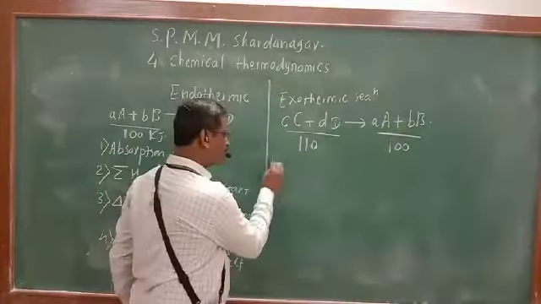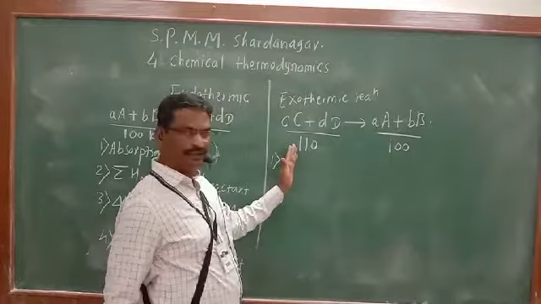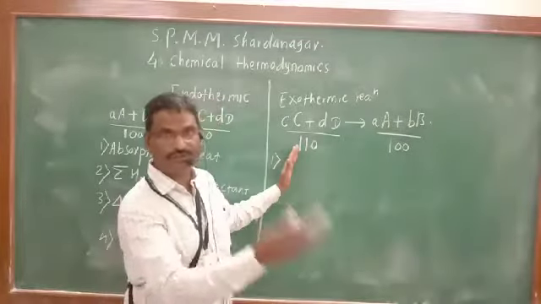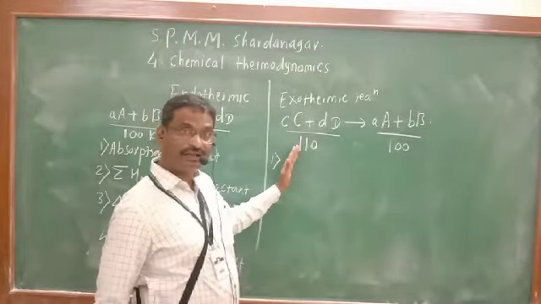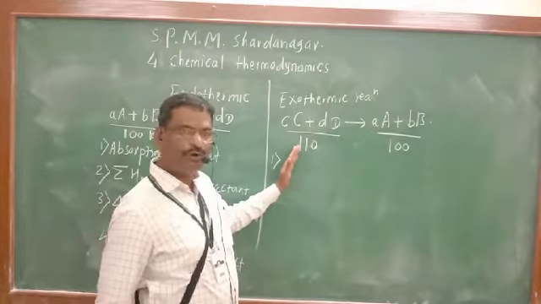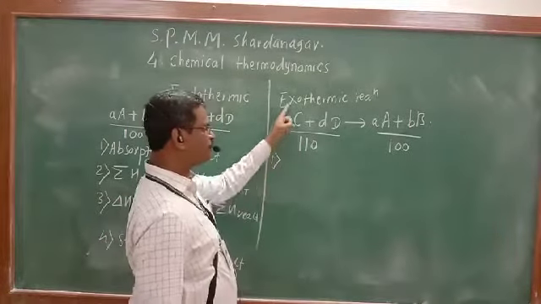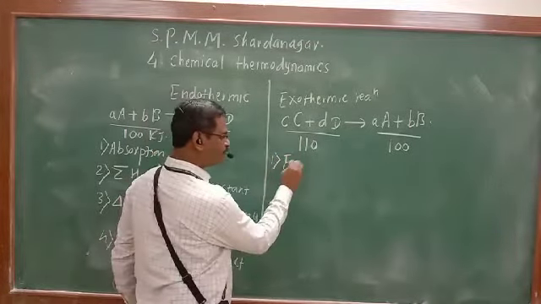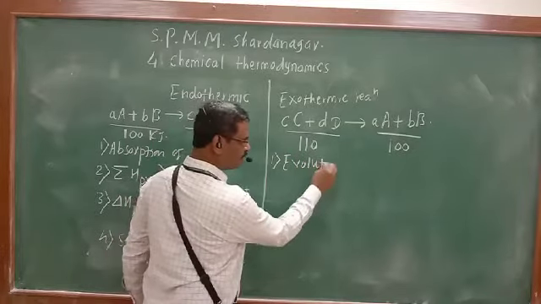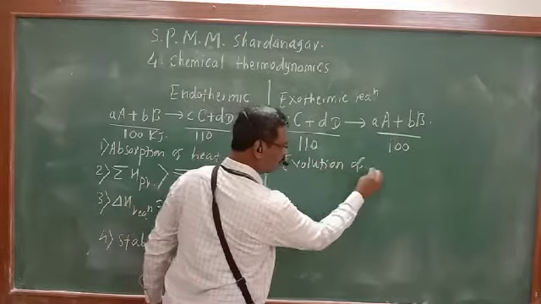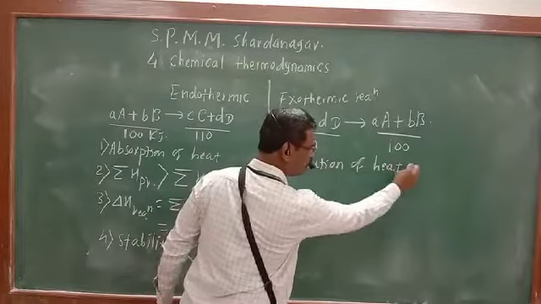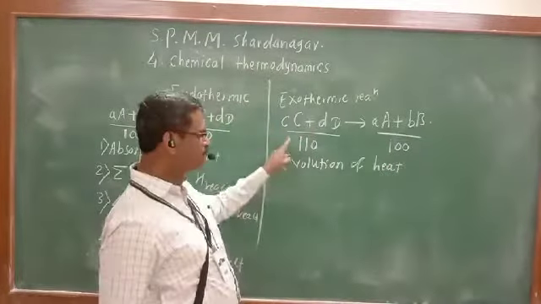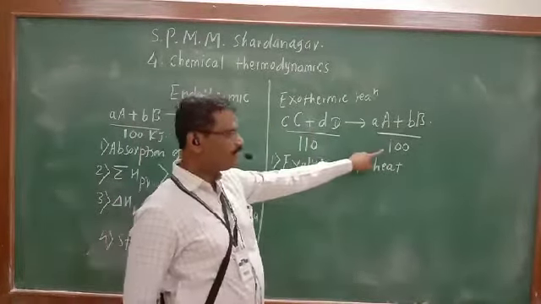It means this reaction is taking place with loss of heat, release of heat, evolution of heat. Exothermic reactions are the reactions which take place with evolution of heat. This is 110, this is 100.